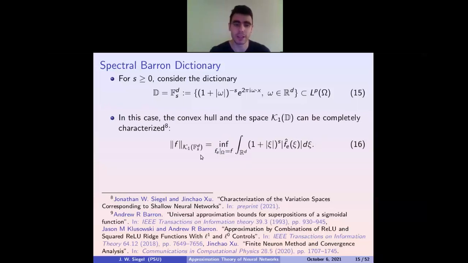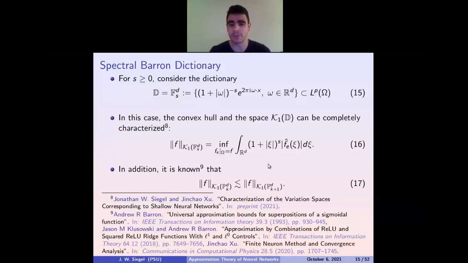In fact, the norm of a function in this K1 FSD space, if we take the smallest multiple of the convex hull of this dictionary which contains f, is exactly equal to taking the Fourier transform of f and taking its L1 norm with this appropriate weight. So this weighted L1 norm of the Fourier transform was introduced by Andrew Barron.